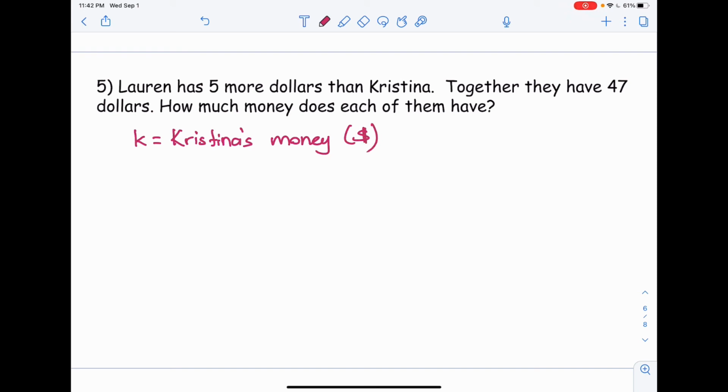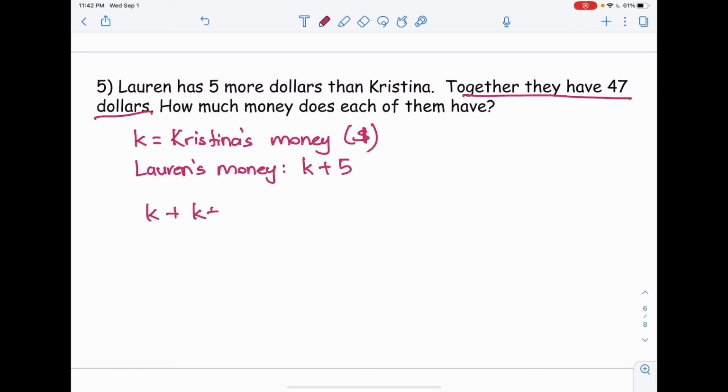And then Lauren's money will be K plus 5. Together they have $47. Then K plus K plus 5 is 47. So this K is for Christina, and this K plus 5 is for Lauren.